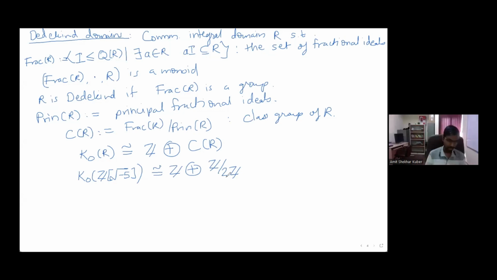Well, how does the proof of this go? First of all, you can prove that in a Dedekind domain, it's very close to being a principal ideal domain in the sense that every ideal is generated by at most 2 elements.